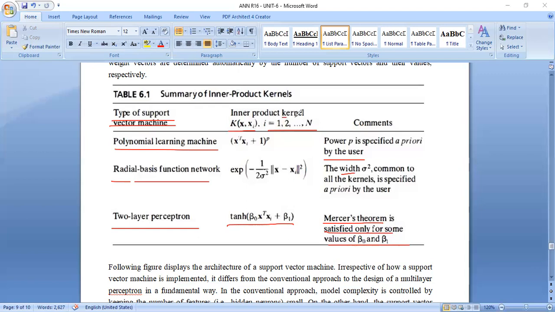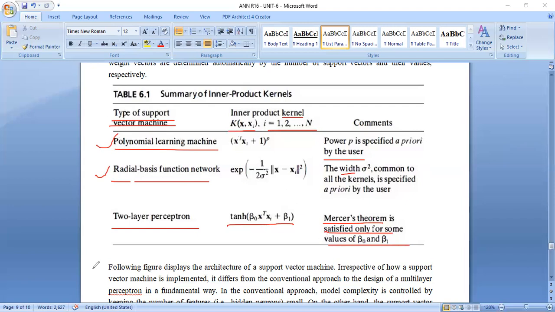Every kernel function of the SVM should satisfy Mercer's theorem. The polynomial learning machine and the radial basis function network, these two, 100% satisfy Mercer's theorem.